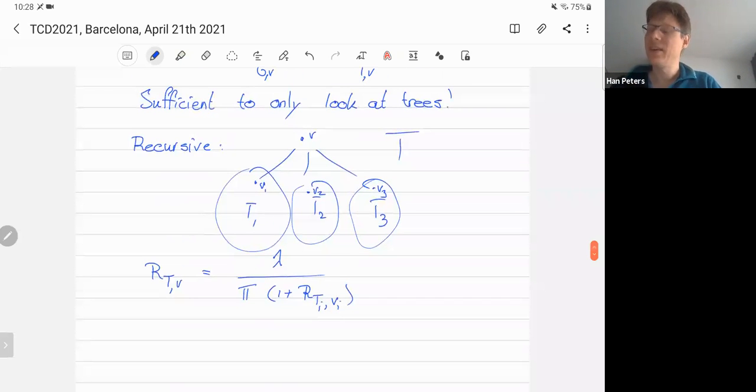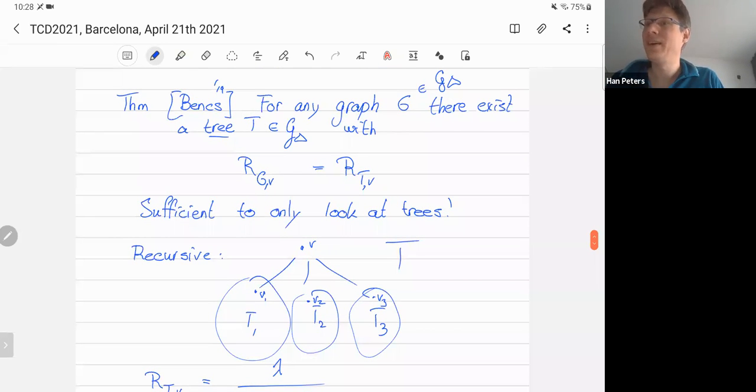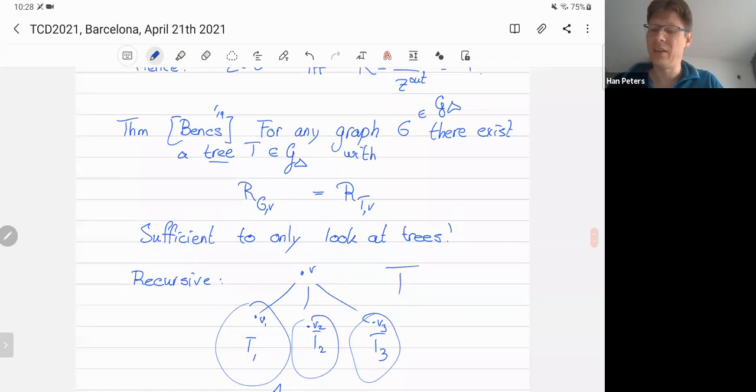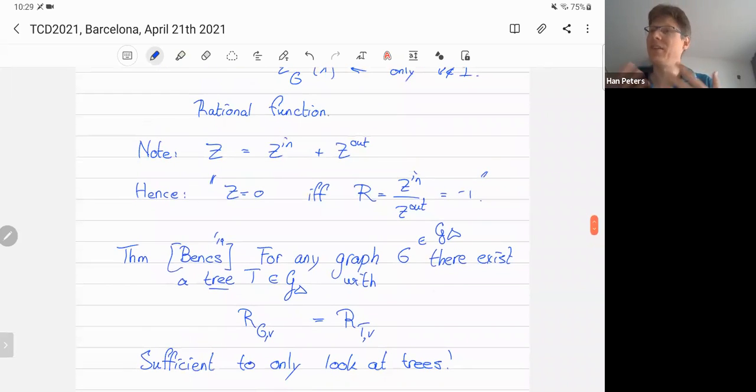Now you may think that I'm still working towards efficient approximation. This is in no way an efficient way to approximate the actual values of R or of Z, because in this theorem of Bencs, there exists a tree for which the ratio is the same as the ratio of the graph.